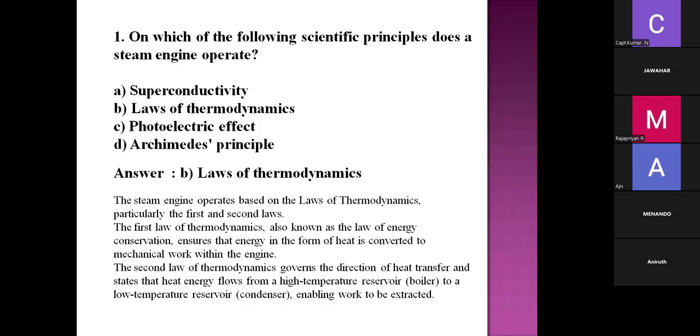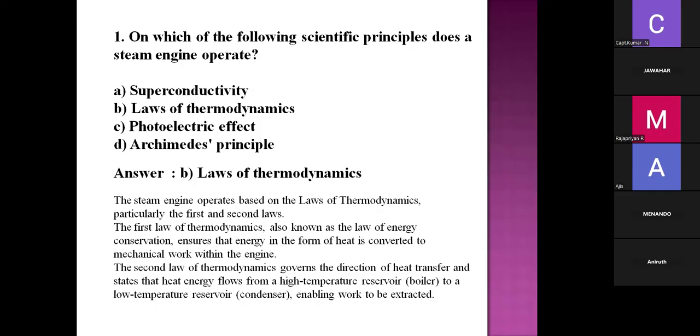A steam engine uses the expansion of steam generated by heating water to create mechanical motion, which is then harnessed to perform tasks like powering locomotives or industrial machinery. They were a cornerstone of the Industrial Revolution in manufacturing, transportation, and energy generation.